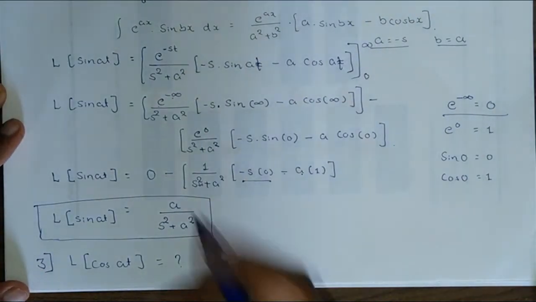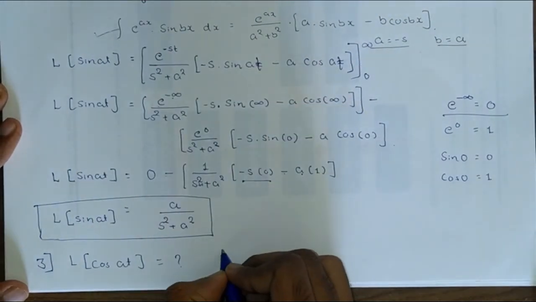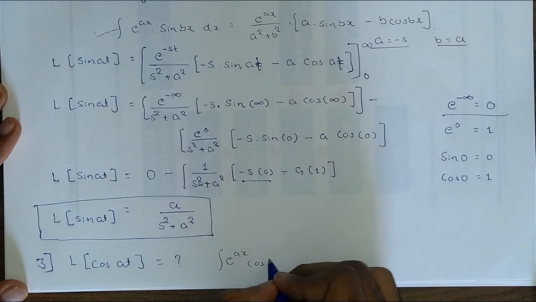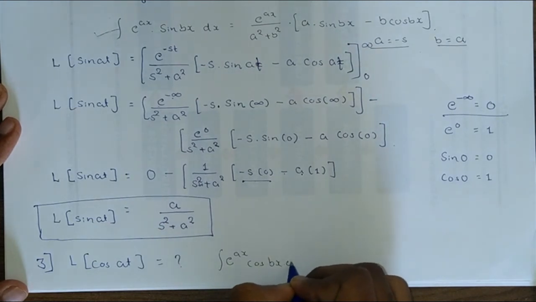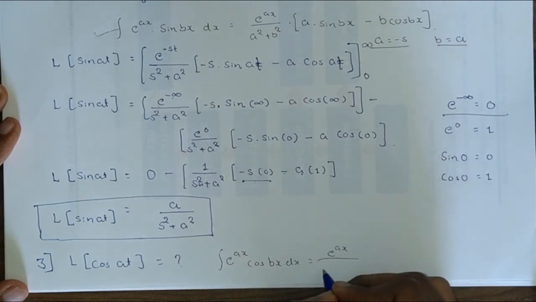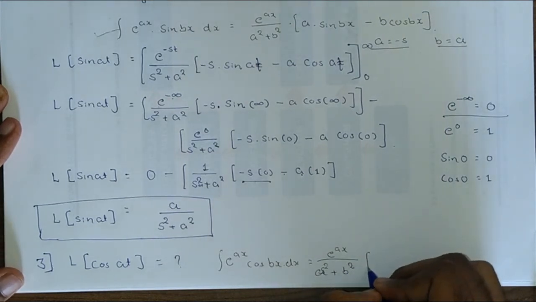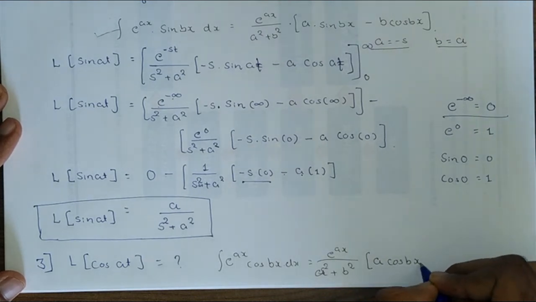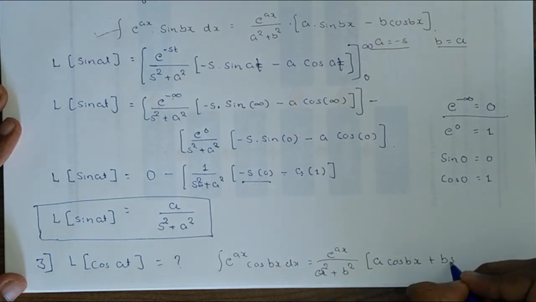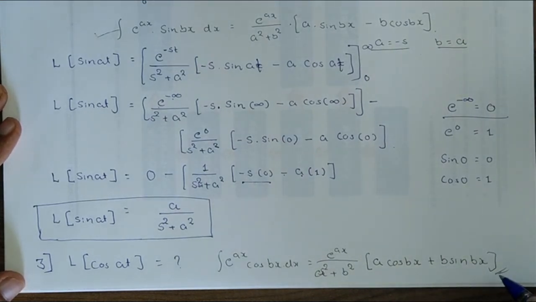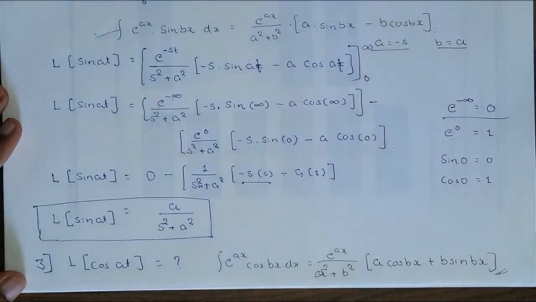I am just providing the formula of integration, which is e raised to ax cos bx dx is nothing but e raised to ax upon a square plus b square, bracket a cos bx plus b sin bx. So by using this formula we have to solve this.